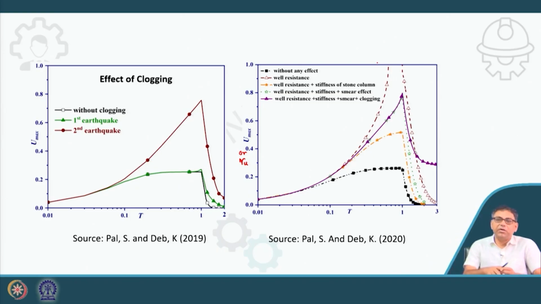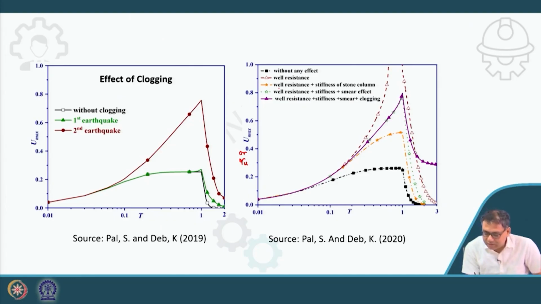So because of not considering the finite permeability of the column, in that case the pore water pressure value is 0.2, but here, with oil resistance, meaning considering the permeability of the column, that is called oil resistance. If I consider the permeability, then this RU value reaches 1, that means the liquefaction possibility is there. Whereas not considering finite permeability, there was no possibility of liquefaction.